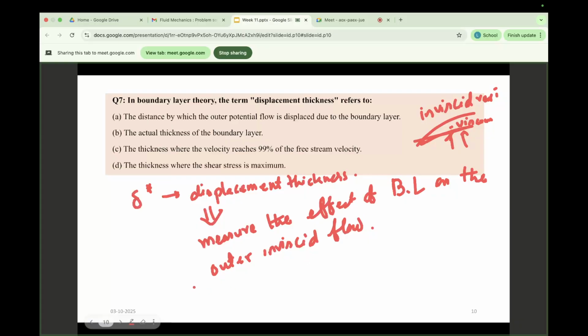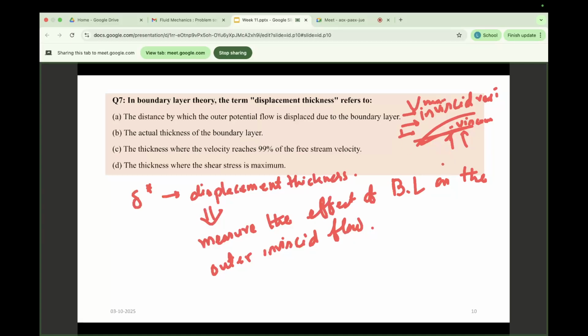So inside this viscous region or boundary layer region, what will happen? The velocity is quite less compared to the stream velocity. That means the velocity in the inviscid region is say u max, but in the boundary layer region the velocity is quite less and gradually increases upward. So what exactly does this indicate?